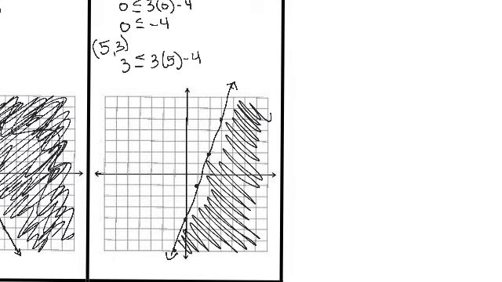So 3 times 5 is 15. And 15 minus 4 is 11. So 3 is less than or equal to 11, and that is true. So we're guaranteed that our shading is in the correct direction.